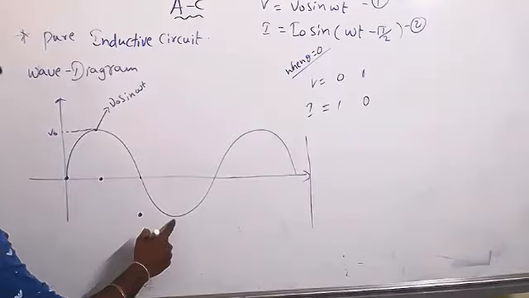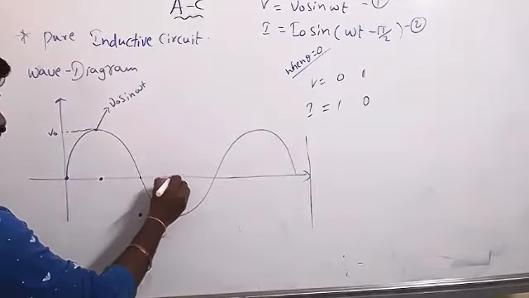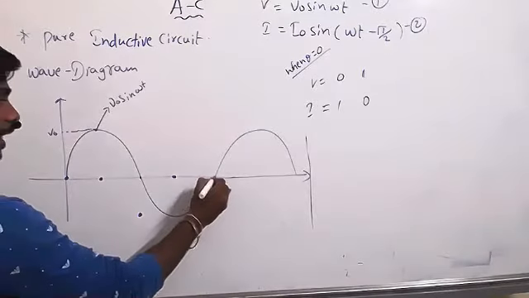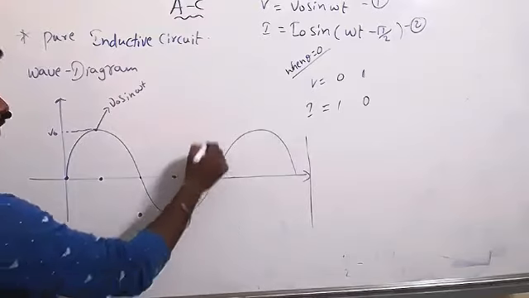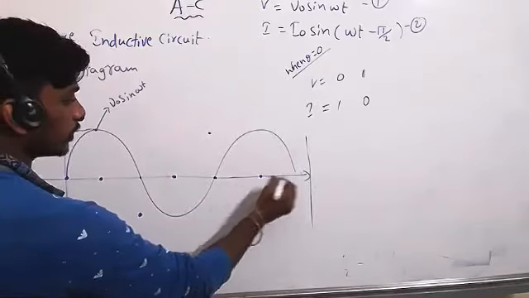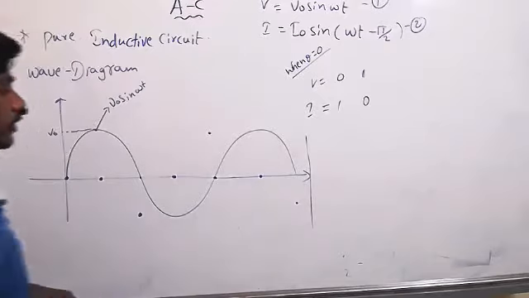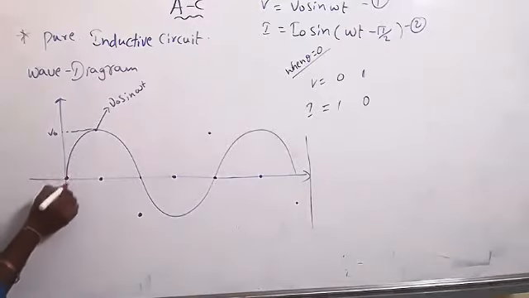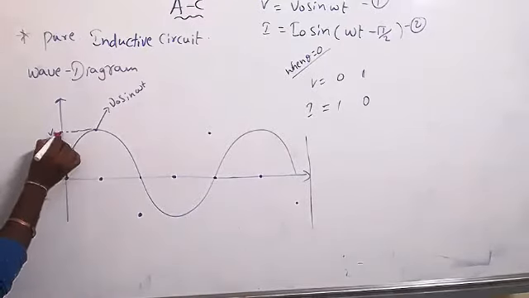Again here V is maximum, current should be the minimum. Again here voltage is minimum, current should be in the maximum. Here like this, here like this. Here voltage, current should be here.